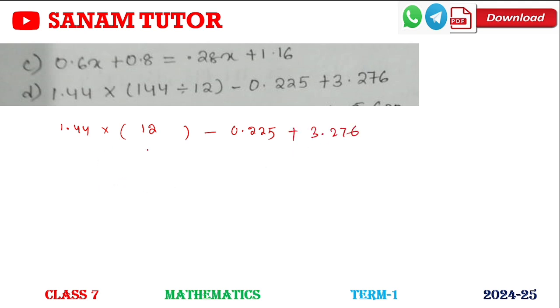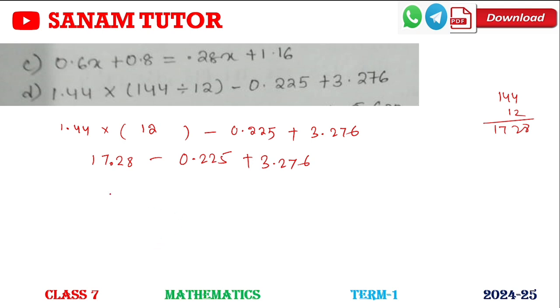So now we multiply, that is 144 into 12, that is 1728. So the answer will be 1728, which means the point comes after 2 decimals. So 17.28 minus 0.225 plus 3.276.